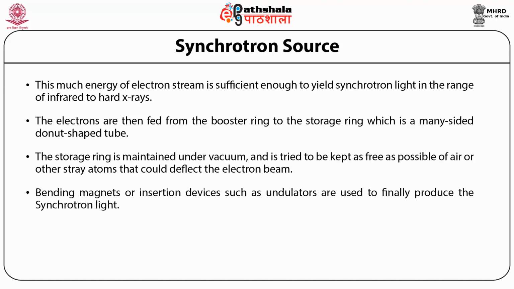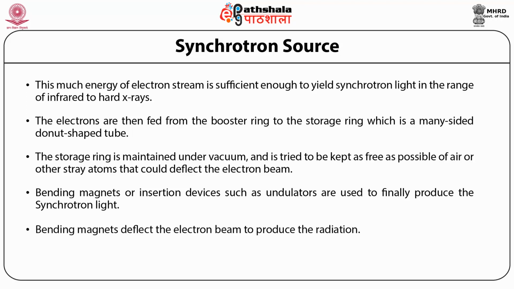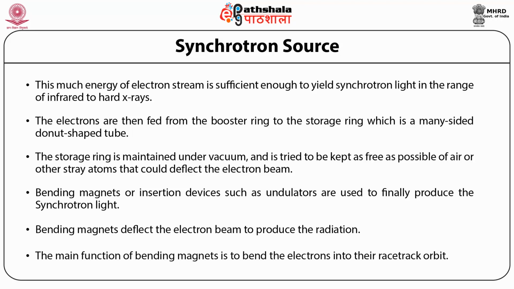Bending magnets or insertion devices such as undulators are used to finally produce the synchrotron light. Bending magnets deflect the electron beam to produce the radiation. The main function of bending magnets is to bend the electrons into their racetrack orbit.